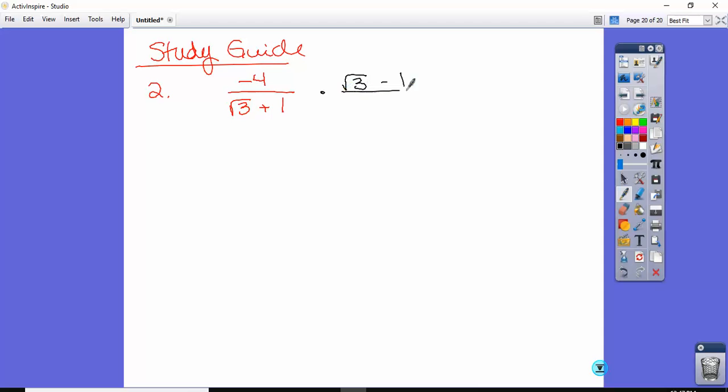Radical 3 minus 1. So when we do this, we distribute. Negative 4 times radical 3 is negative 4 radical 3. Negative 4 times negative 1 is positive 4.